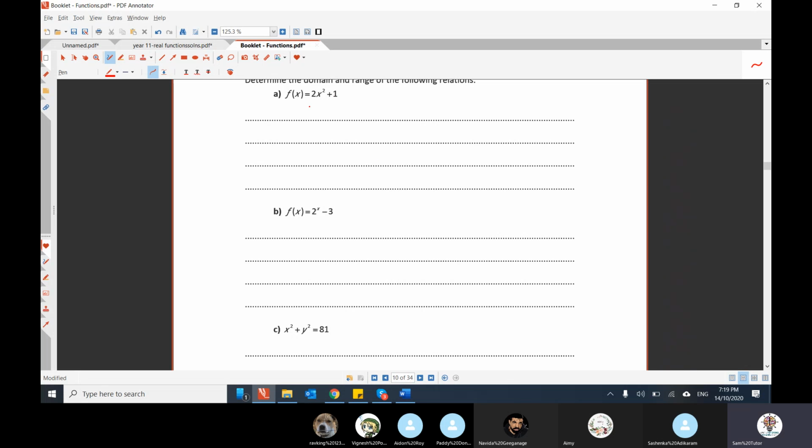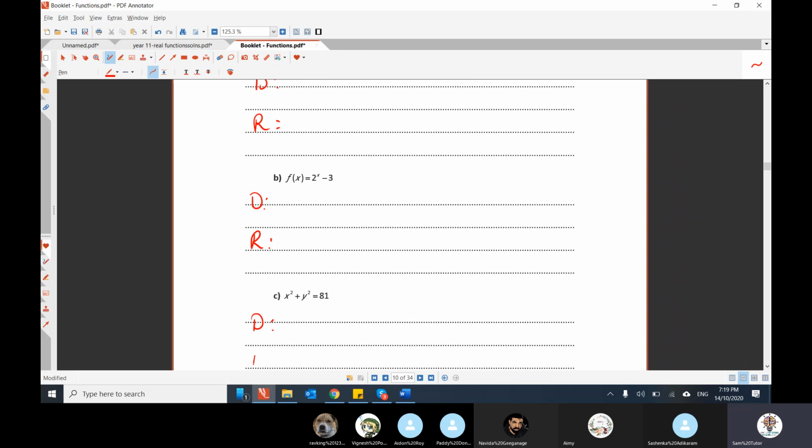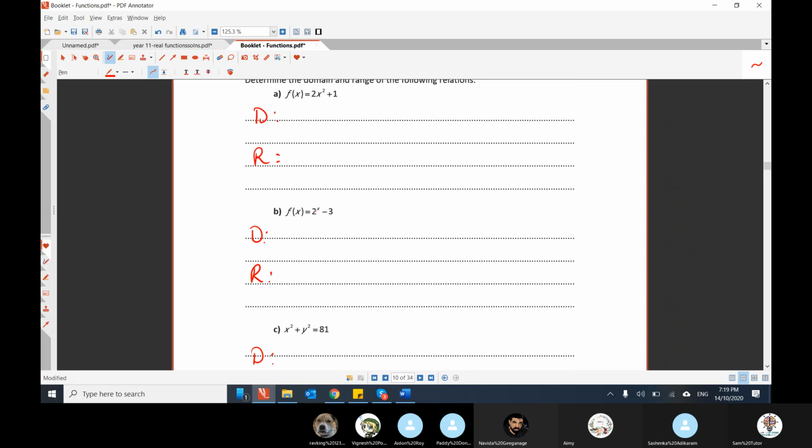Let's see, you guys. 2x squared plus 1. All right, who wants to give this a shot? Domain, range. Doesn't matter if it's wrong. Let's just hear it. Anyone? Come on. First one.